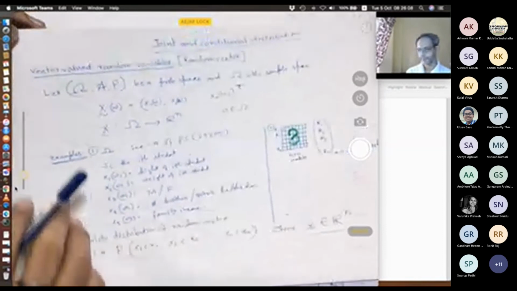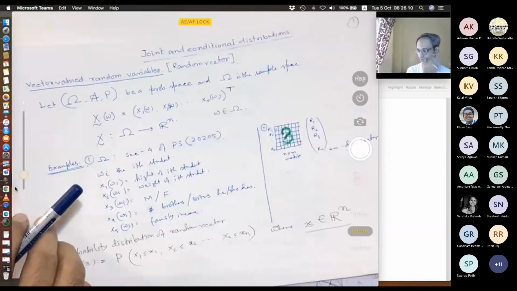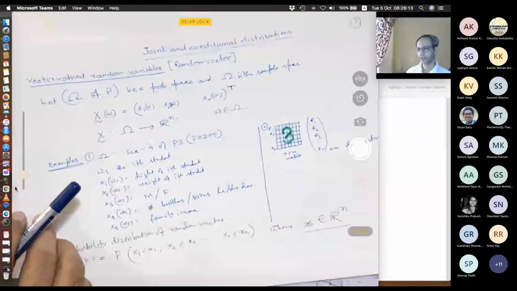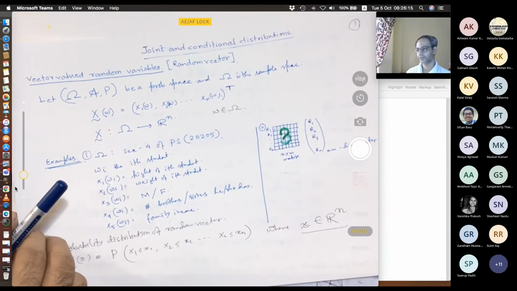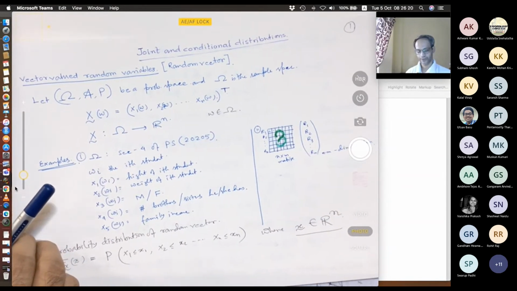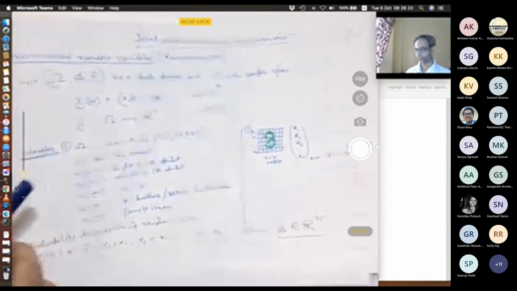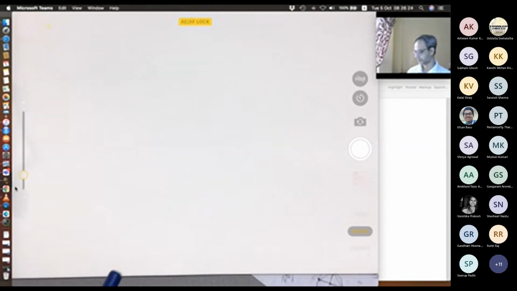So for the time being, we will consider only the discrete cross discrete case, and the continuous cross continuous case. We preferably will not go much into the discrete and continuous mixture, but some special cases we may consider in our problem session.